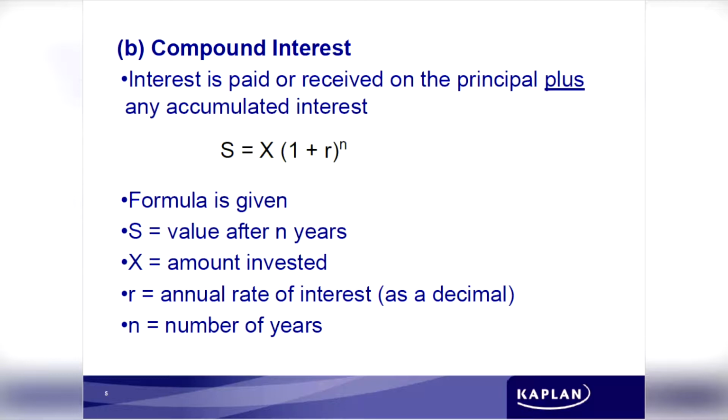So S equals X multiplied by 1 plus R to the power of N, where S is the value after N years, X is the amount invested or the principal, R is the annual rate of interest as a decimal, and N is the number of years or the number of periods. So again, this formula is very easy to grasp, and we'll look at an example to see how it operates.